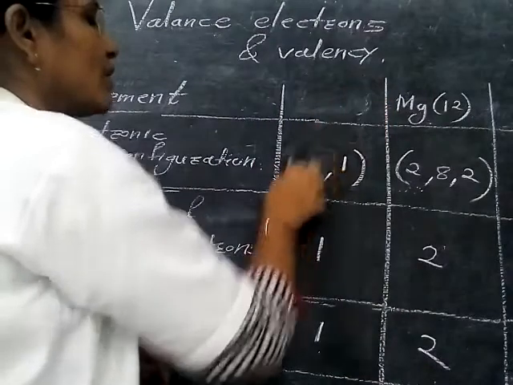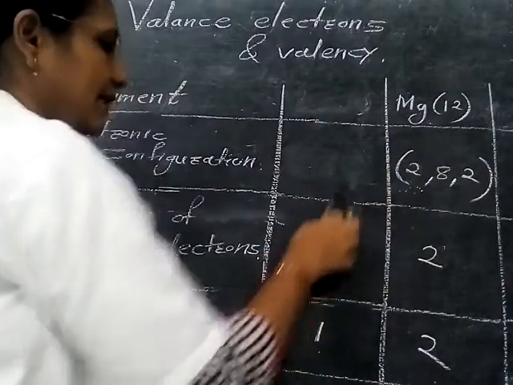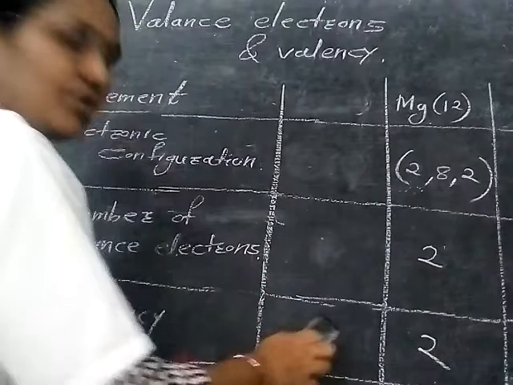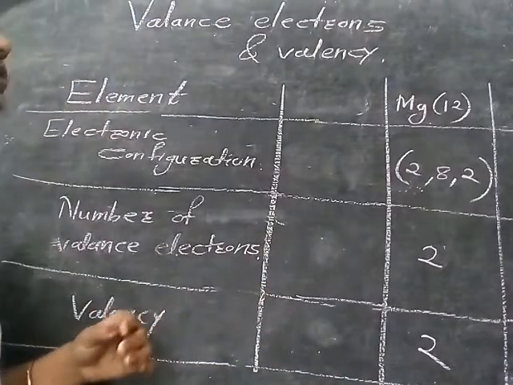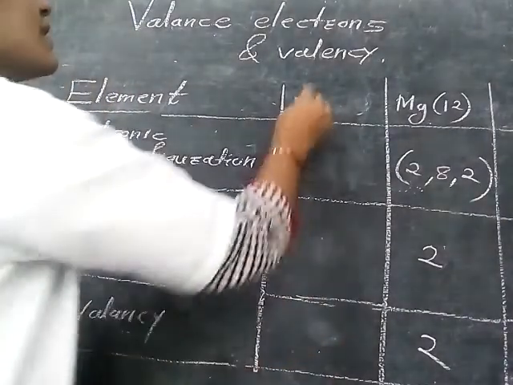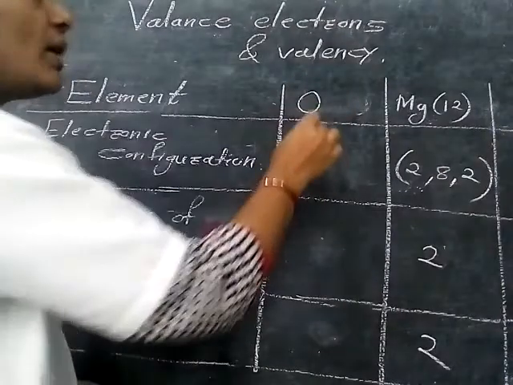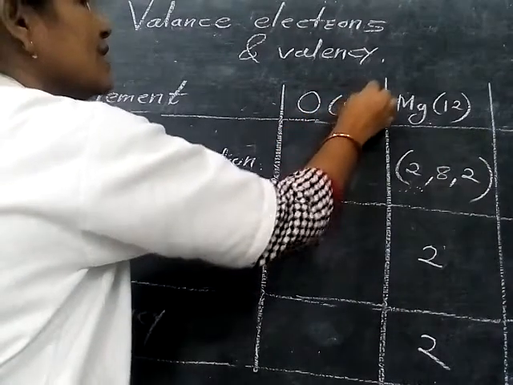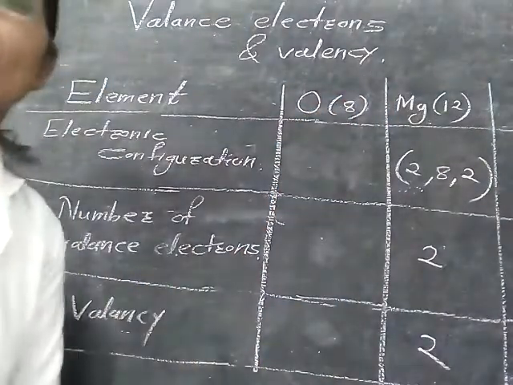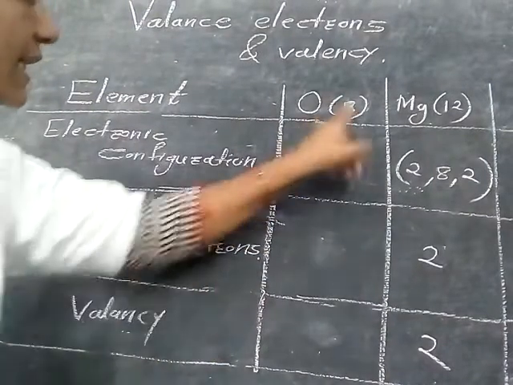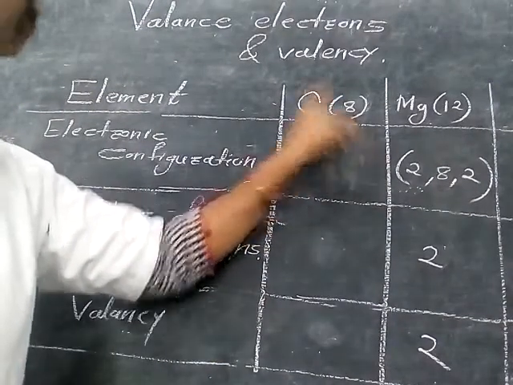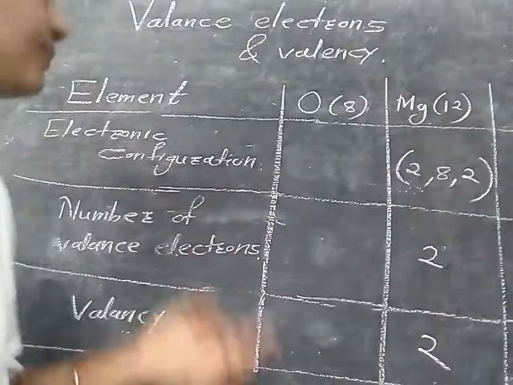Oxygen's symbol is O and its atomic number is 8, which means it has 8 electrons.